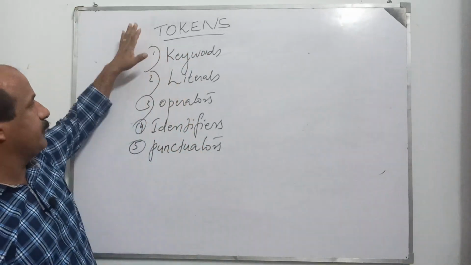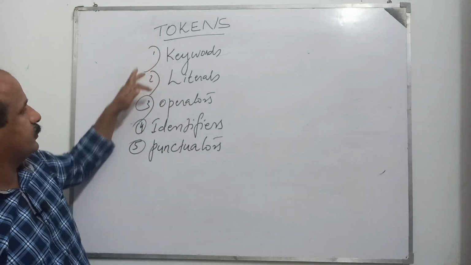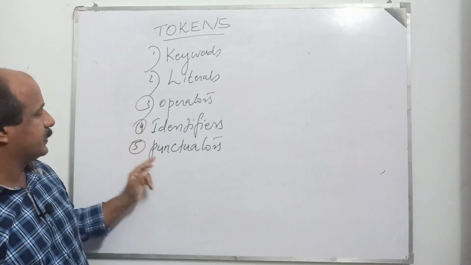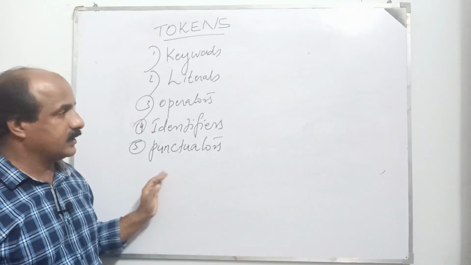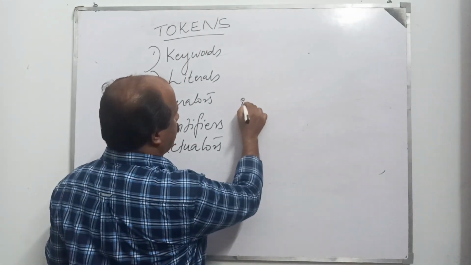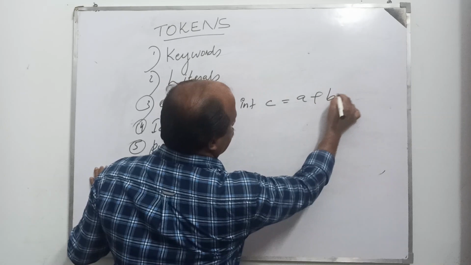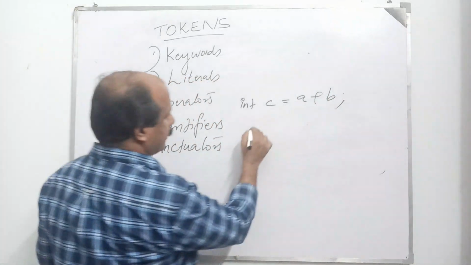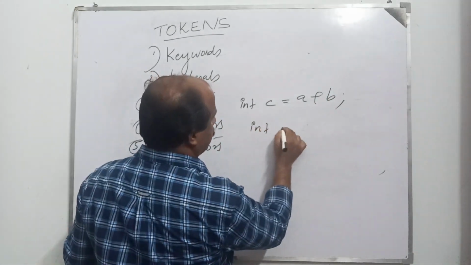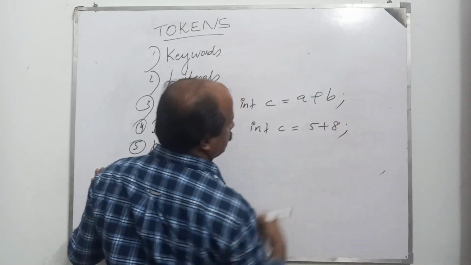Students, now we are going to discuss the various tokens available in Java. There are 5 tokens available in Java. They are keywords, literals, operators, identifiers and punctuators. See, let me write a Java statement like int c = a + b. Otherwise, one more statement, int c = 5 + 8.